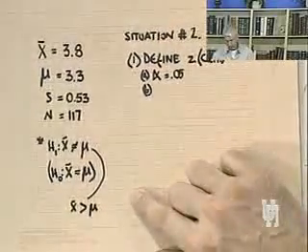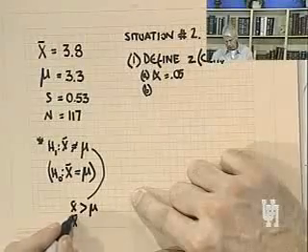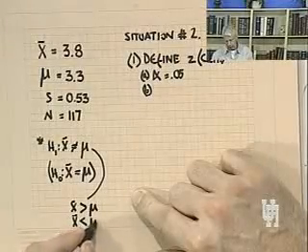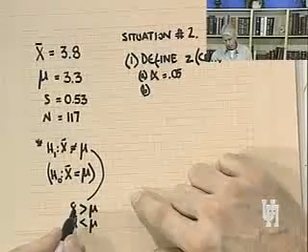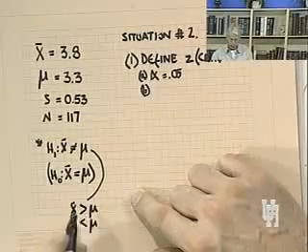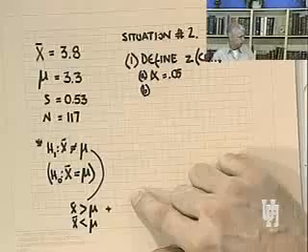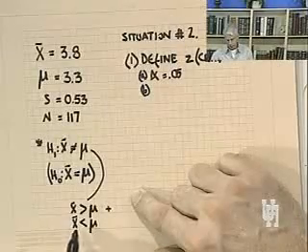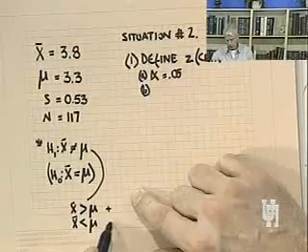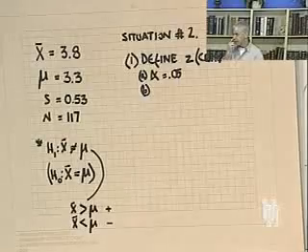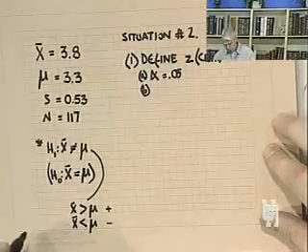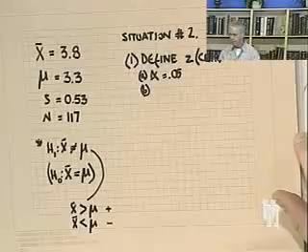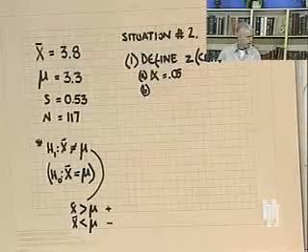But it can also be satisfied if X bar is significantly less than mu. That is, you have to test for the possibility that X bar is greater than mu, a positive difference, and the possibility that X bar is less than mu, a negative difference. You have to test both tails of that distribution.